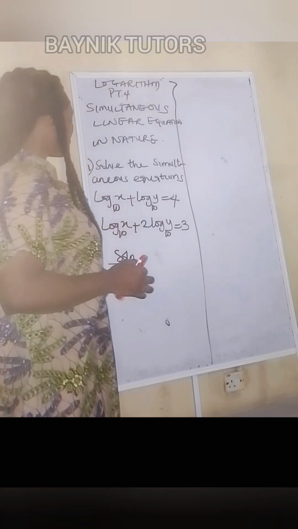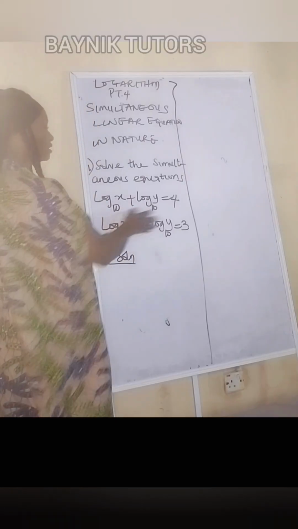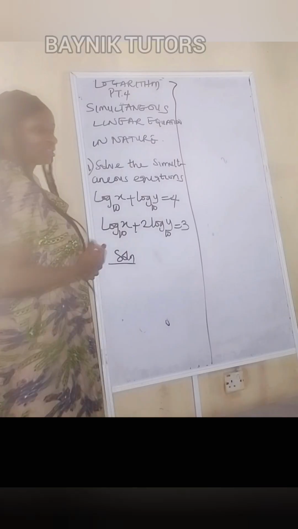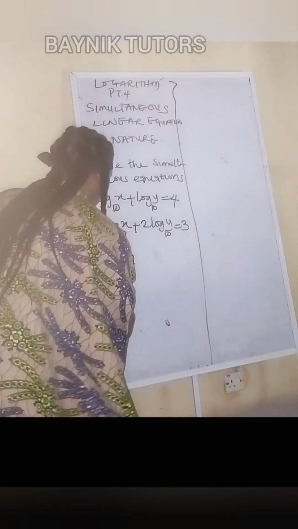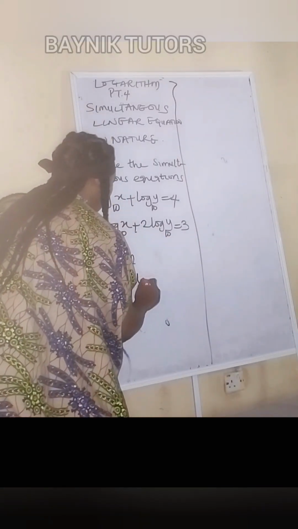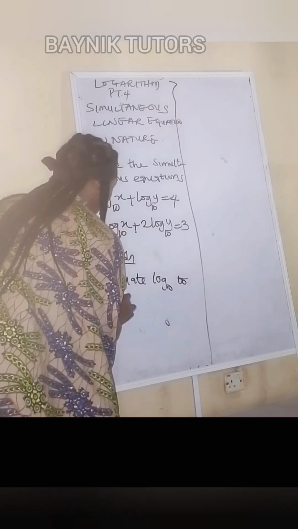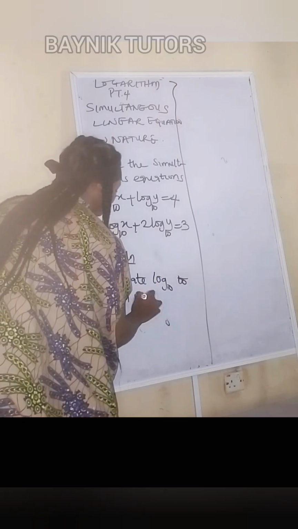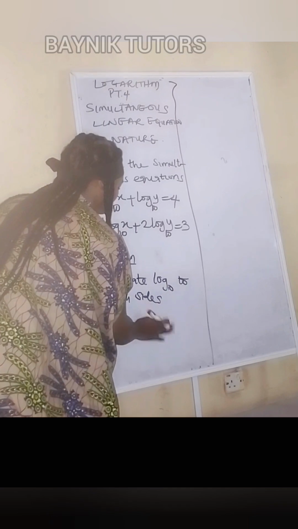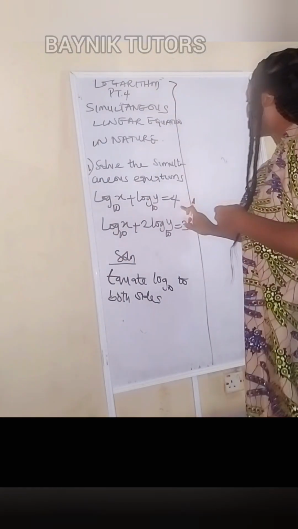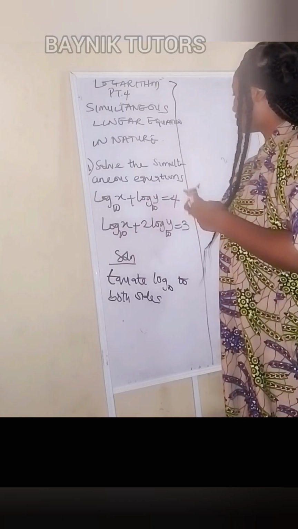So the first thing we're going to do is ensure that this log 10 is equated to both sides. It won't be only on this side, we also change the other side. So it will now be log 10 base 10 raised to power 4.